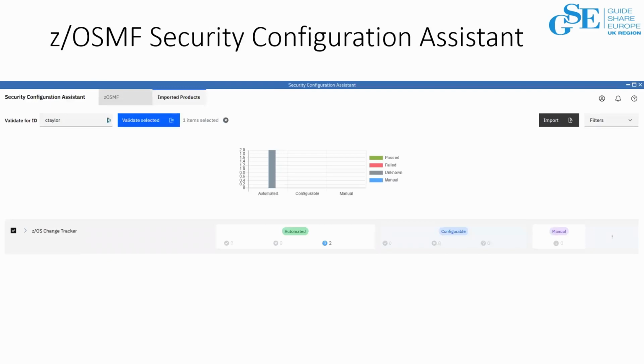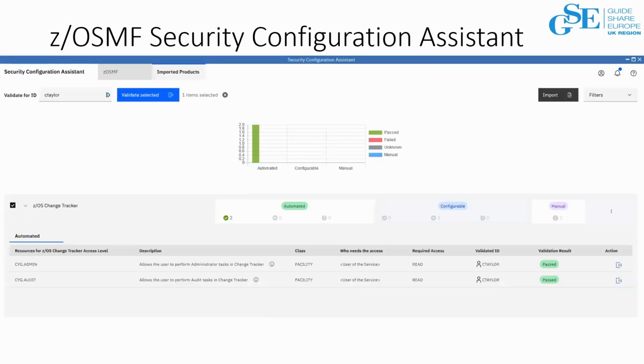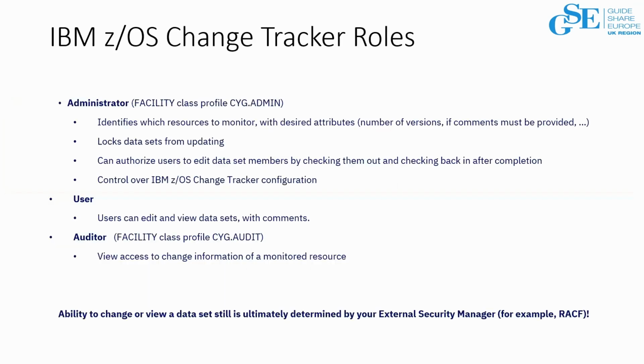If we run it through the security configuration assistant with my user ID, it will show us what I have access to and what I don't, if something was missing in the definitions. At the bottom you can see the resources, there are only two at the moment, available for differentiating between users, admins, and auditors. Those are the three roles within Change Tracker. The user is the person who can view and edit data sets.